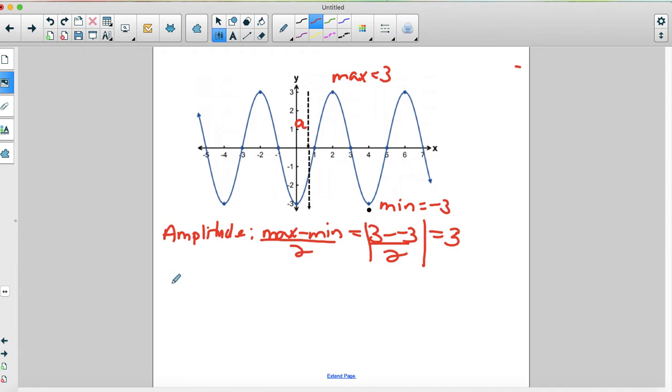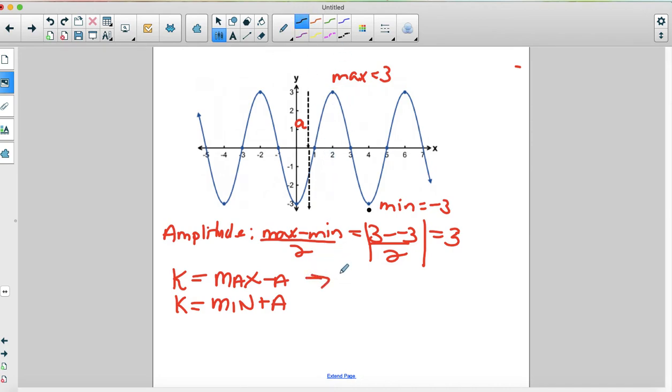Now I didn't mention k in the previous slide, but to get k, k is equal to the max minus the amplitude. And it also could be the min plus the amplitude. So in that case, we'll say 3 minus 3 is 0, and that's what we get.